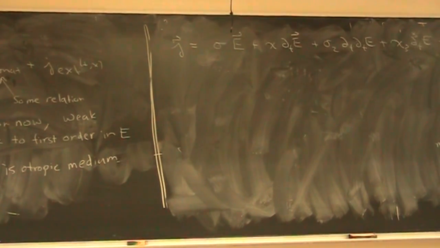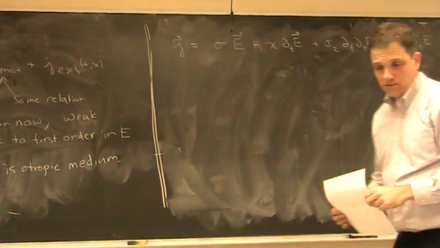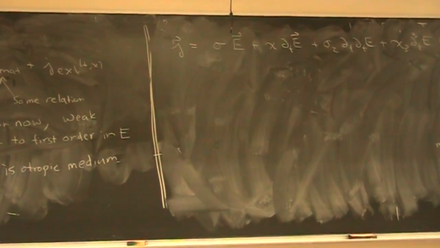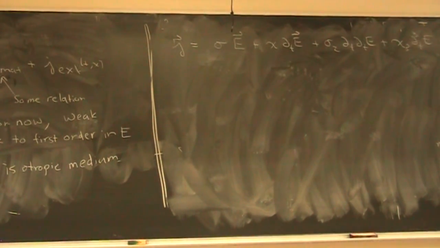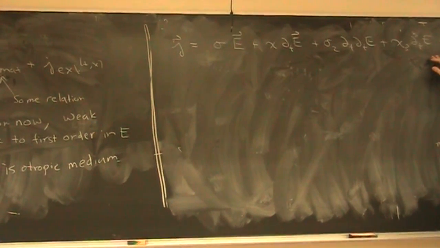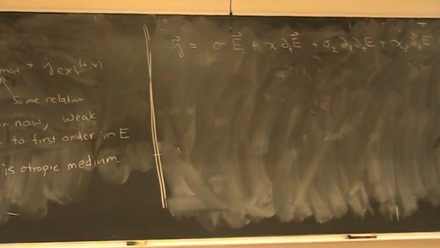So that would be a generic form of a linear constitutive relation that we could write down. Good. First of all, we'll argue each higher term is suppressed, so we would only keep the lowest ones. We'll come to that in just a second. Every derivative will pick up a factor from the slowly changing electric field.